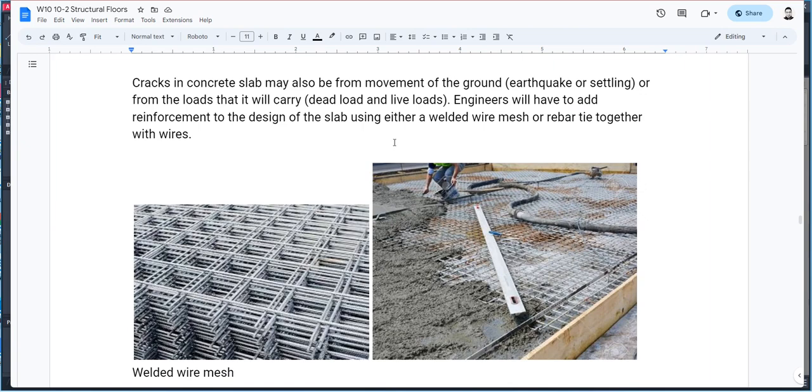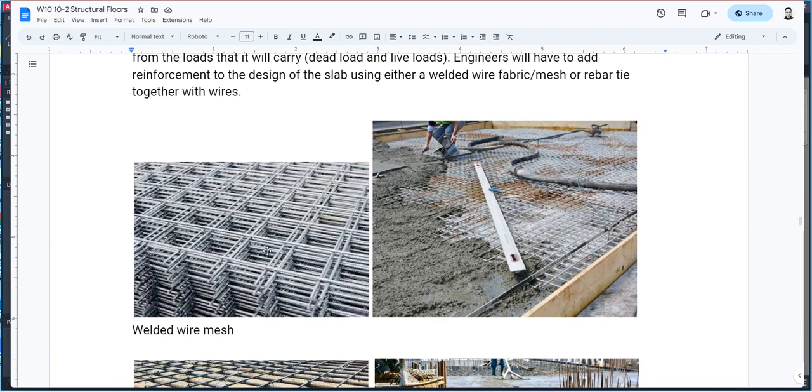And you can either put a welded wire mesh or welded wire fabric. So let's put in fabric here also, welded wire fabric, or mesh, or basically they're just rebars, reinforcement bars that are tied together. So here's a wire mesh. Okay, welded wire mesh or welded wire fabric.